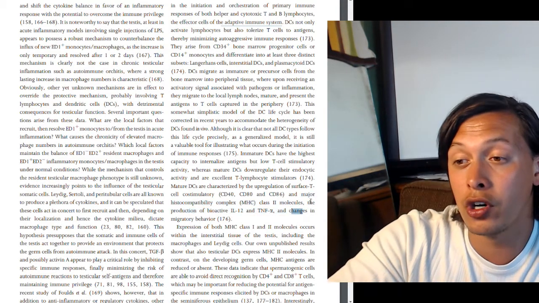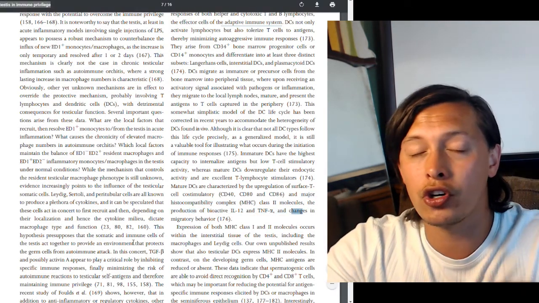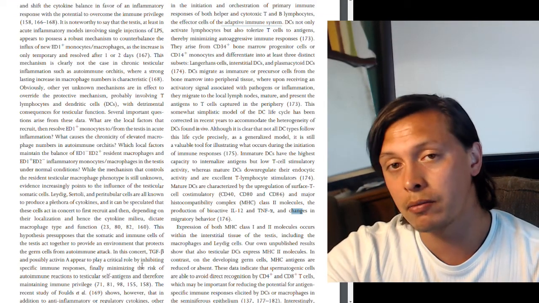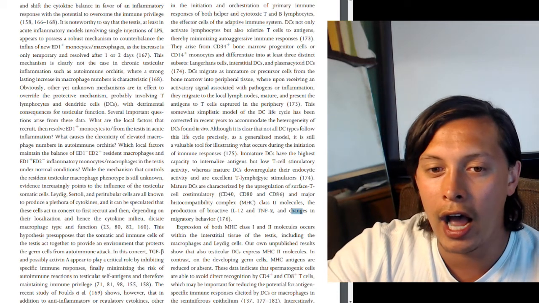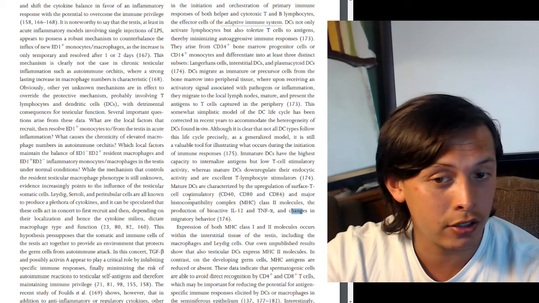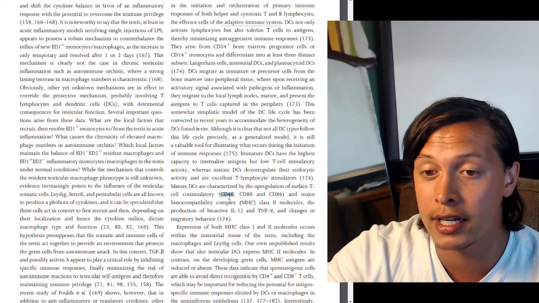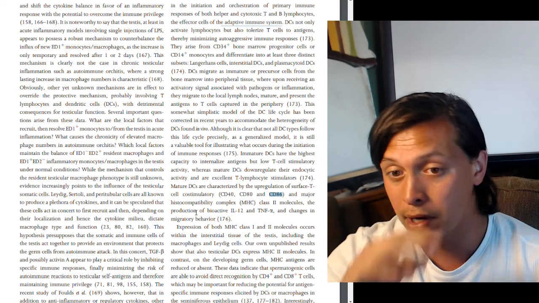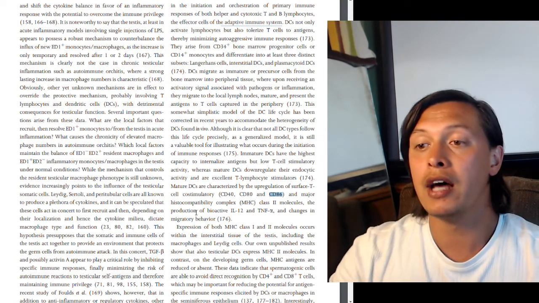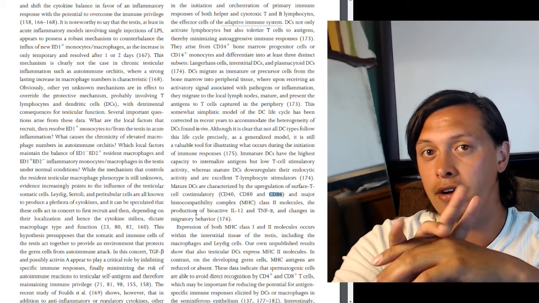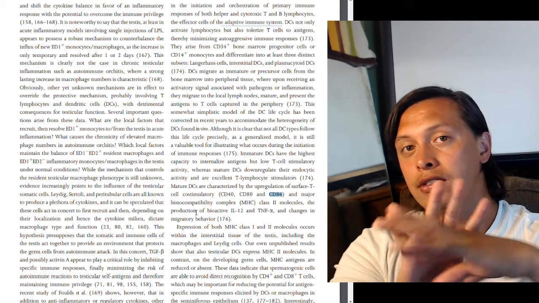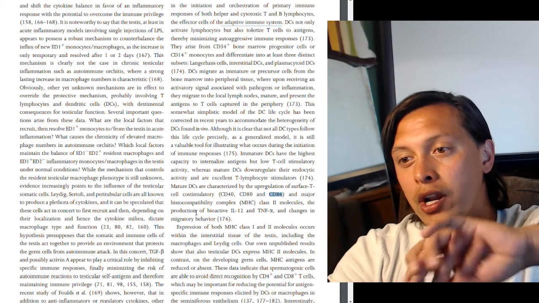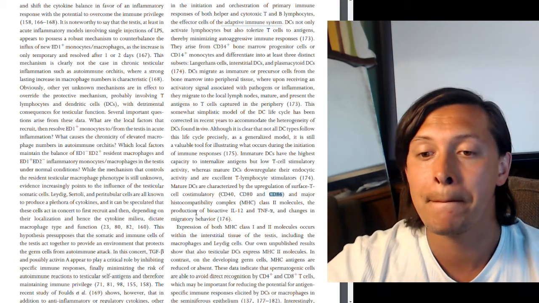So the way that mature dendritic cells convince the T cells to listen to them more is through the higher expression of co-stimulatory molecules, so CD40, CD80, and CD86. These are different types of membrane proteins, and if you up-express them, these things on the surfaces of the dendritic cells help convince a T cell that whatever you're presenting is very important, right?